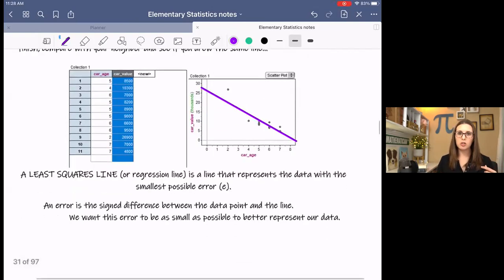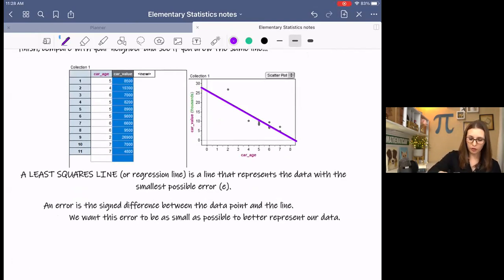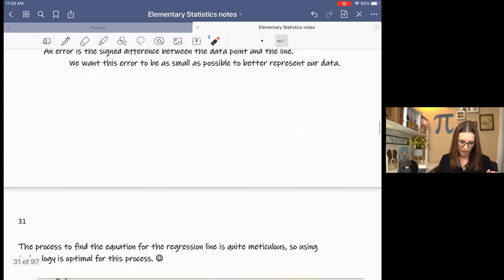Basically, you're trying to find the line with the least amount of error. Error is referring to the space between these dots and the line. And you want to find the line that has the least amount of error so that it accurately represents your data, the trend of your data.